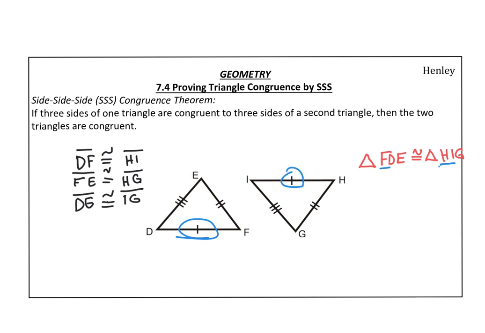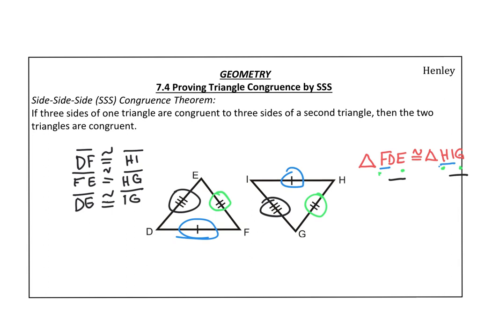We stated that. We also have stated that side FE and side HG are also congruent to each other. Finally, we stated that side DE and side IG were congruent to each other.